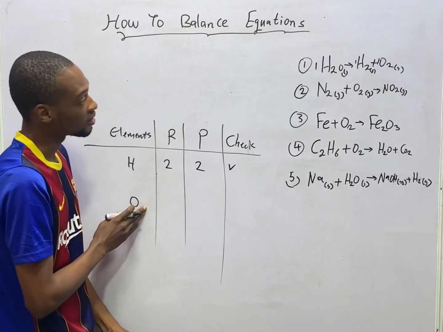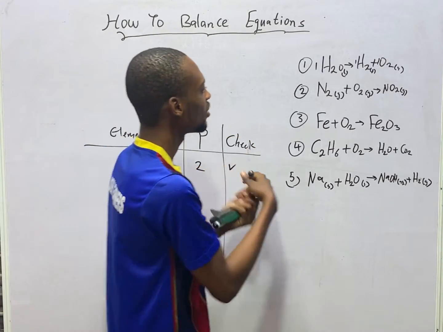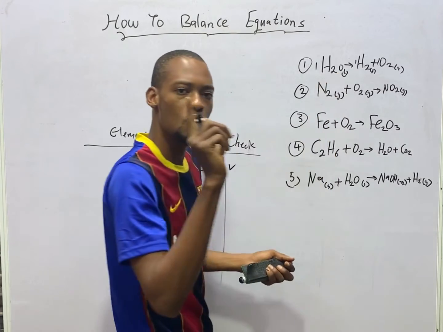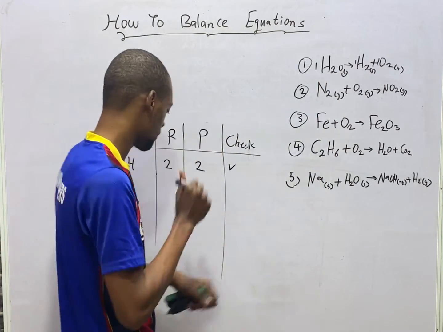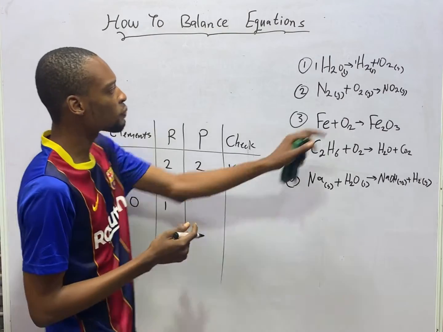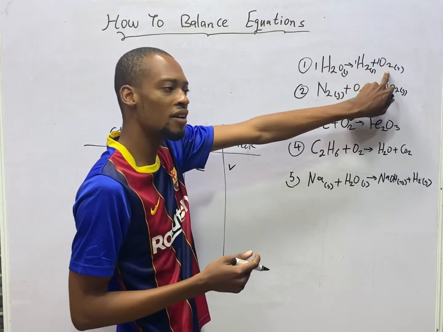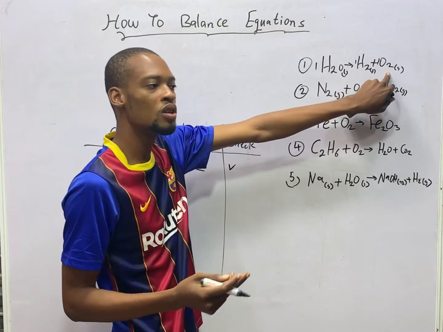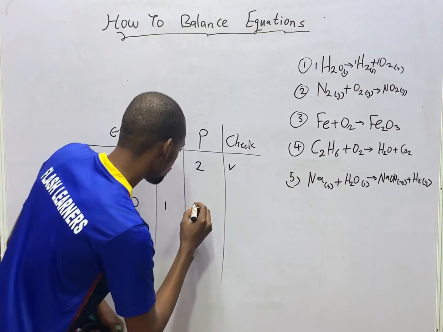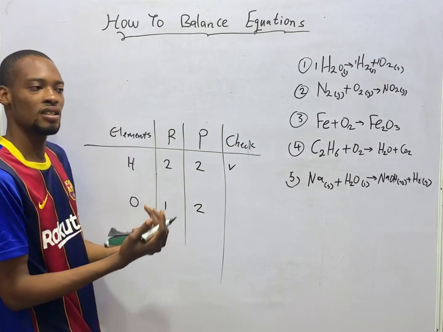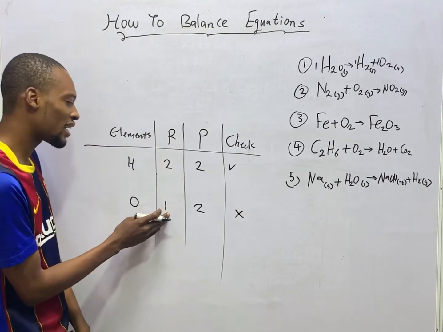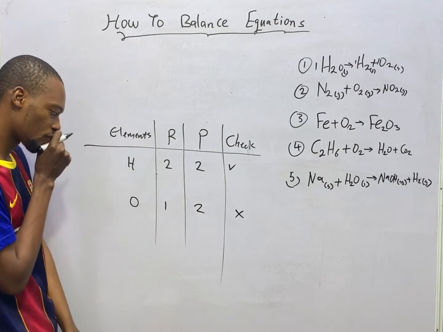Now look at oxygen. In the left hand side, we have how many oxygen? 1. How many? 1. In the product side, how many do we have? O2. We have 2. Is it balanced? No. Because 1 is not equals 2.